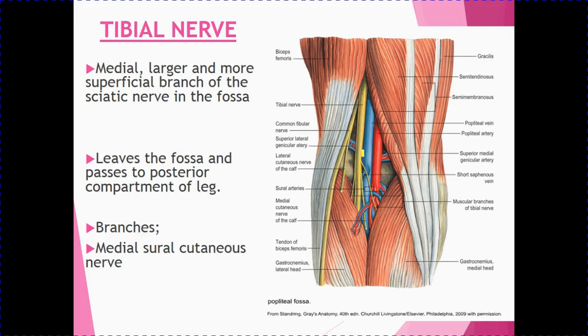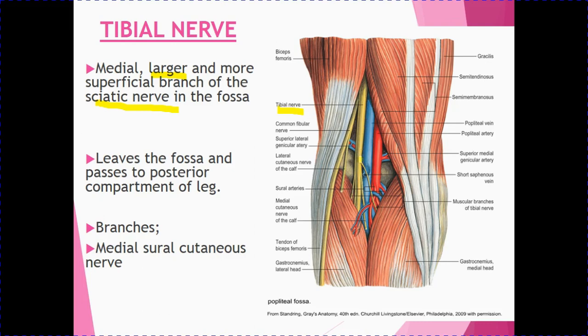So the first division is the tibial nerve. The tibial nerve is the medial, larger and more superficial branch of the sciatic nerve present in the popliteal fossa. So we said that the sciatic nerve divides into the tibial and common fibular nerve. The tibial nerve is the most medial. Most medial means it is close to the artery and vein.